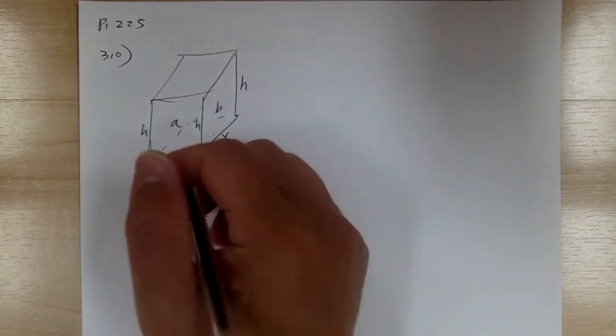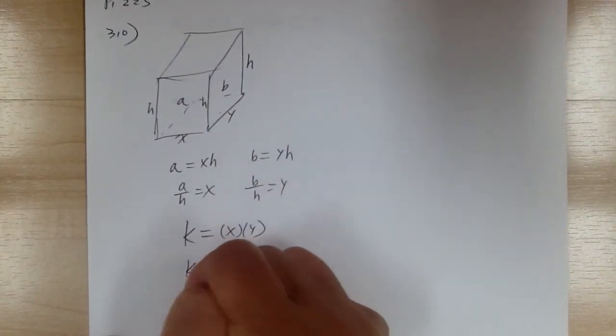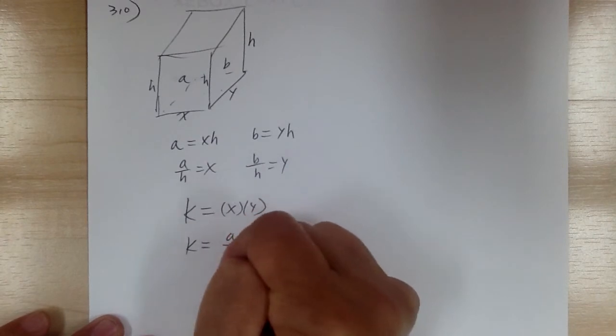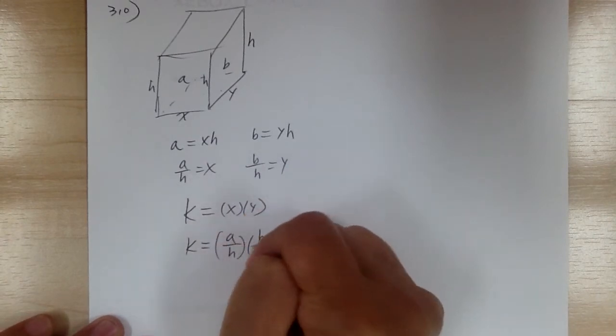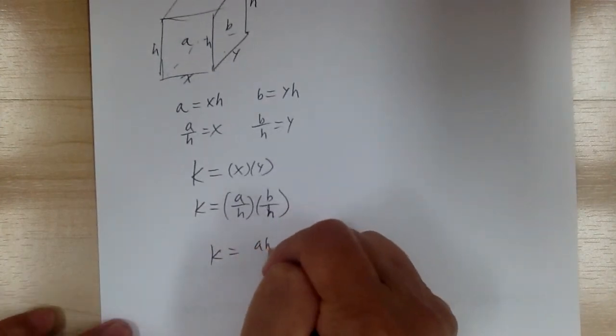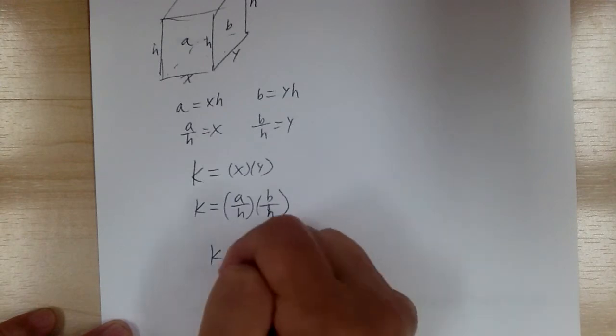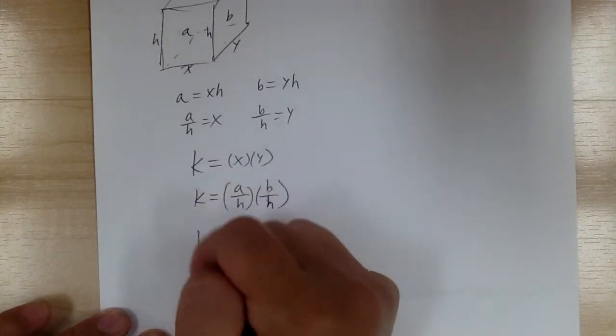The area of the floor is X times Y, so A over H times B over H. So the area would be equal to AB over H squared. Okay, and that's it.